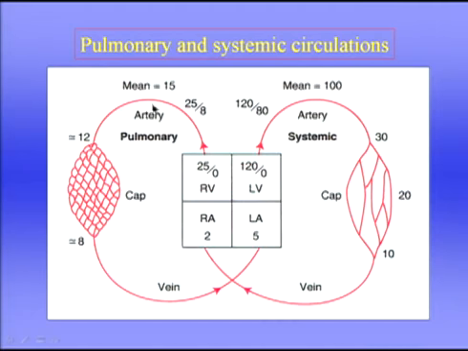But the pressure drop for the pulmonary circulation is what? 15 minus 5, that's about 10. Whereas for the systemic side, you've got 100 minus 2, well, that's close to 100. That means that the vascular resistance on the systemic side is 10 times that on the pulmonary side. So the pulmonary circulation is a low pressure and low resistance circulation.